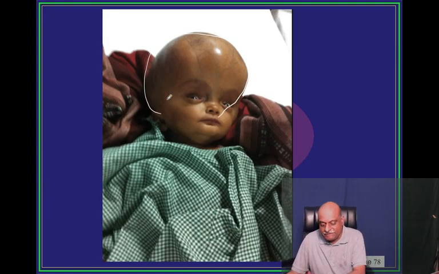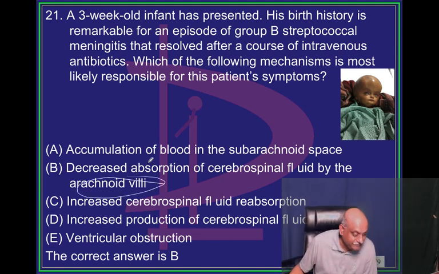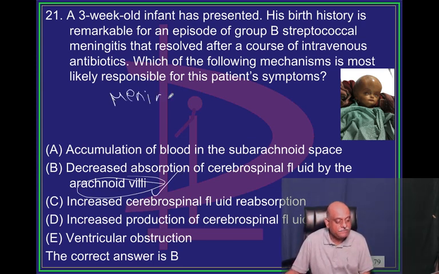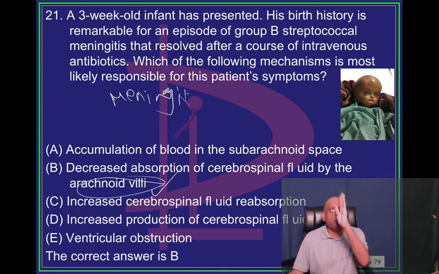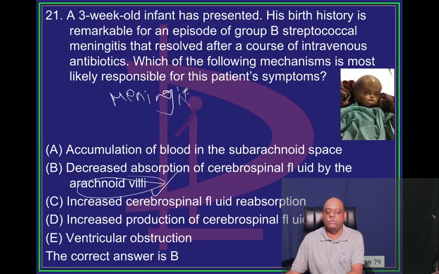All the CSF ultimately gets drained through the arachnoid villi. So it is the fibrosis of this arachnoid villi in case of meningitis that will impair the absorption of the CSF. That leads to the development of the hydrocephalus, is what you need to remember.